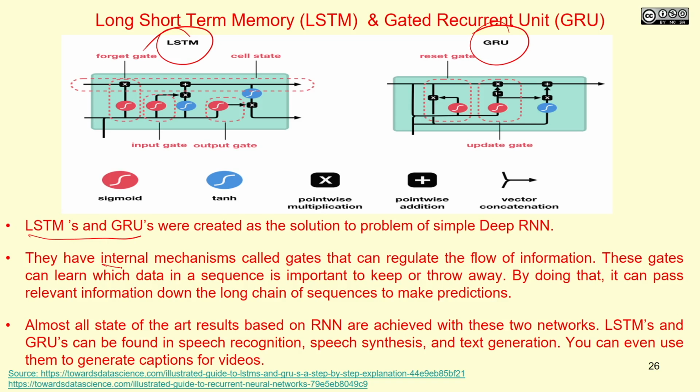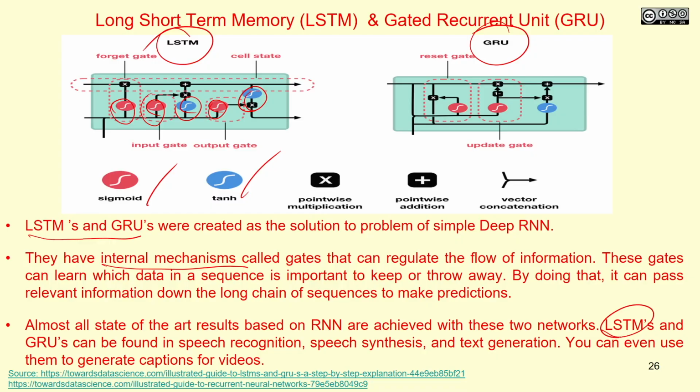They have internal mechanisms called gates, doing the sigmoid function and the tanh function, and these gates can learn which data in a sequence is important to keep or throw away. So they know what has to be done.